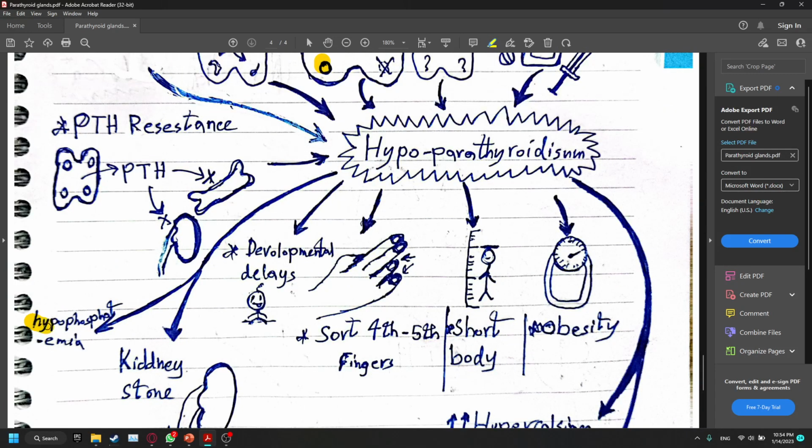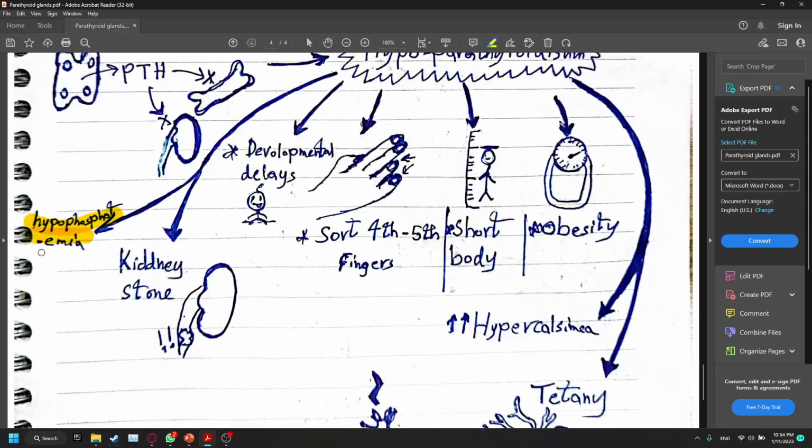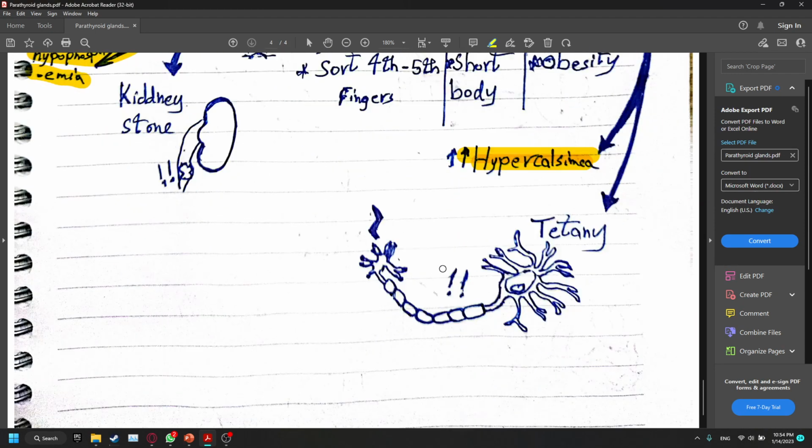It can also cause hyperphosphatemia in your body. Hyperphosphatemia, yeah, that's how it works. So sorry about that one. So this one is hyper and this one is hypo here. I should probably change that later on.